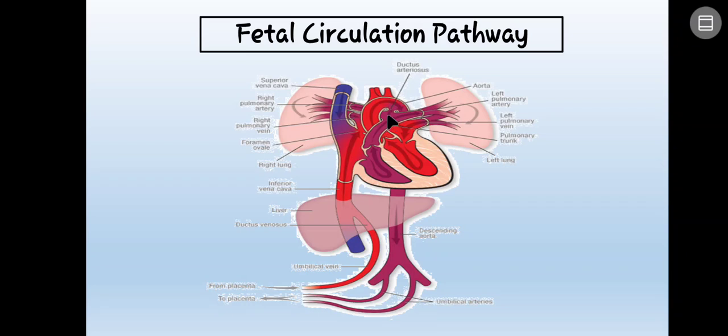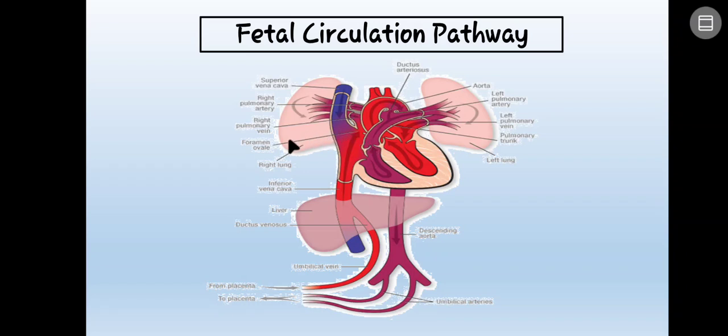Now, there is another structure in the pulmonary artery called the ductus arteriosus, which is there to help the blood to bypass directly from the pulmonary artery into the aorta without going through the left pulmonary artery and the right pulmonary artery. So even if some blood should enter the right ventricle, it will still not go to the lungs because of the ductus arteriosus. It will go straight into the aorta.